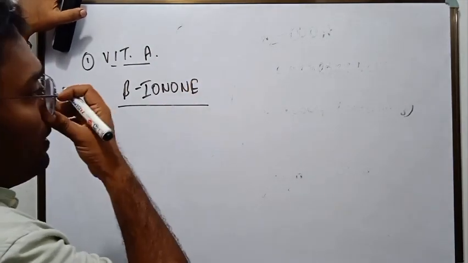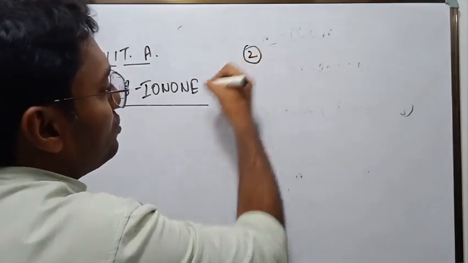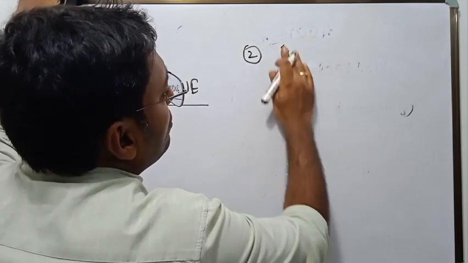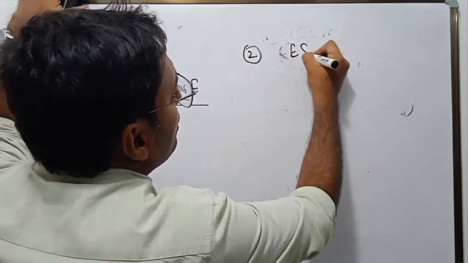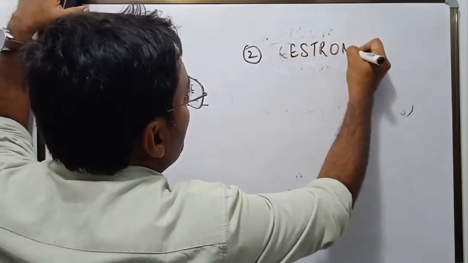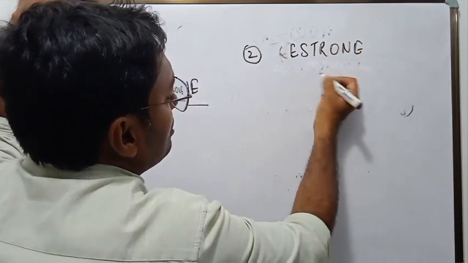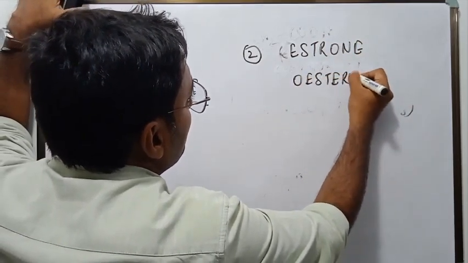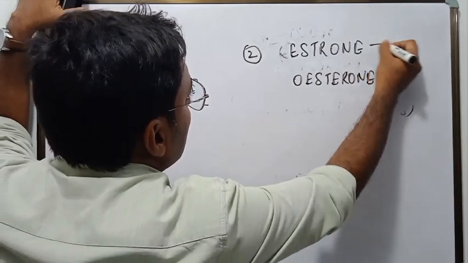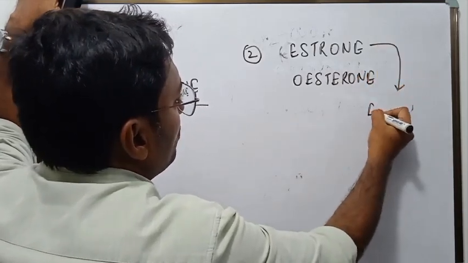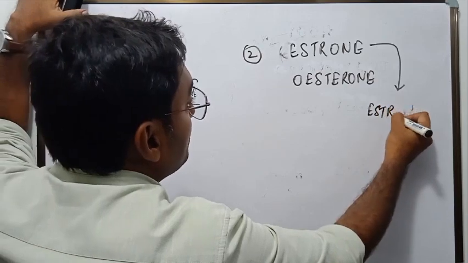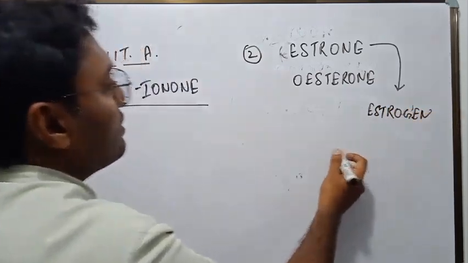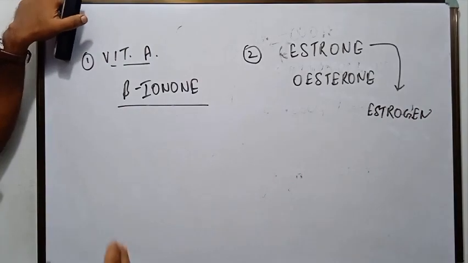Number 2, you can prepare estrone, also called oestrone. Estrone is a component of estrogen. Estrogen has actually 3 subcomponents: estradiol, estriol and estrone.